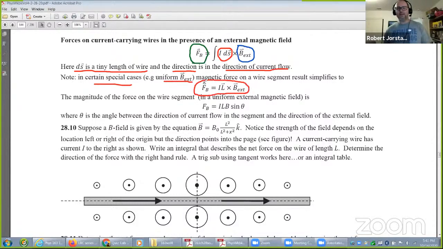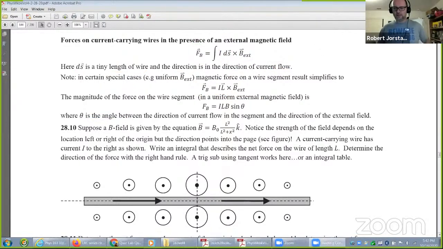It looks very similar to the last result. And in fact, the magnitude is going to have the sine theta coming from the cross product. To be clear, the magnitude of that force we could just figure out using sine theta, where theta is the angle between them. So let's take a minute and see how this works out in an actual problem.